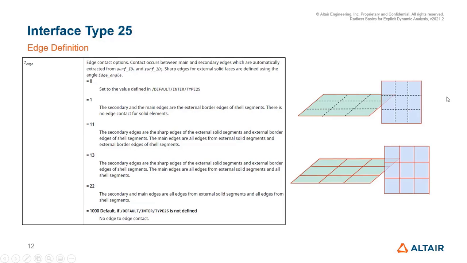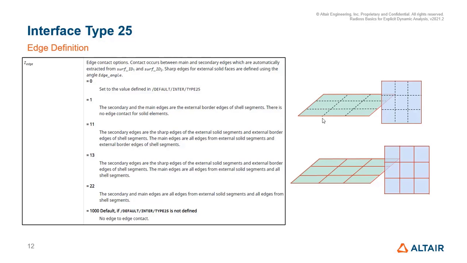Just like type 19 contact, there is an IH option for type 25 contact, and they're pretty much similar, but you have more options here to control the edges for shells and solids both. When you have IH equals 0, it will refer to the default card in the input deck, the default card for interface type 25.